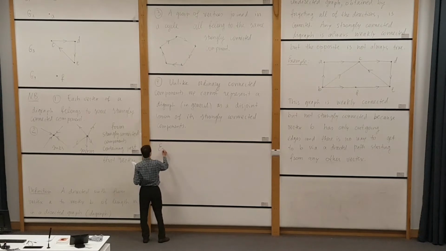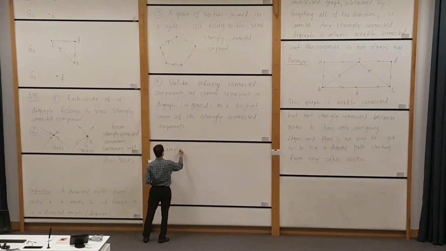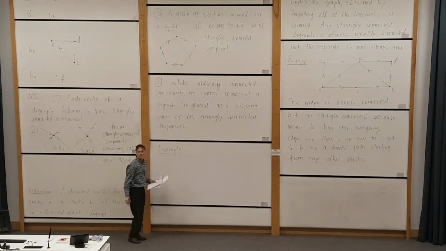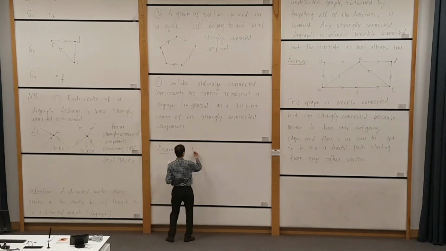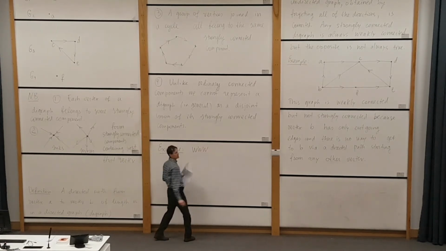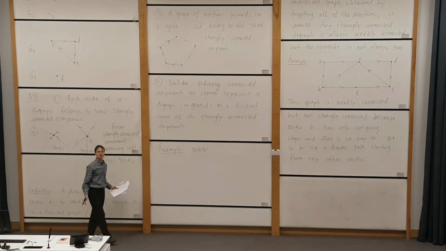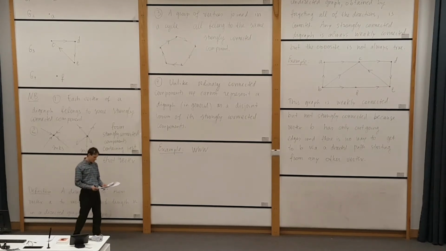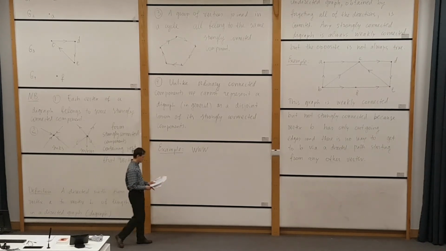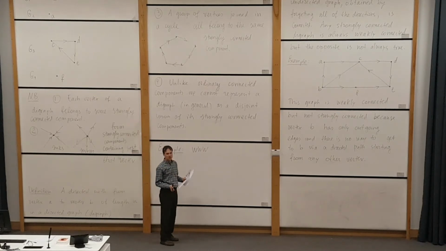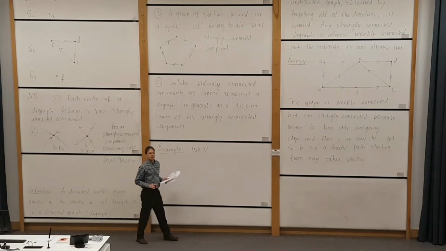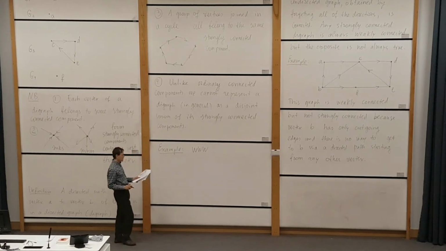My last example is the World Wide Web, right? It's an example of a very large directed graph, and it's interesting that it has a very large connected component. If you forget about the arrows, then about 90% of all websites are linked together, in one direction or the other.